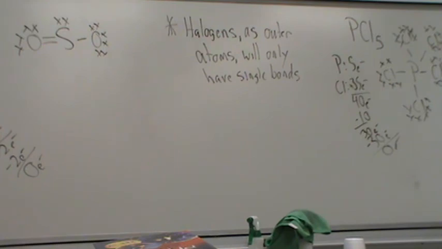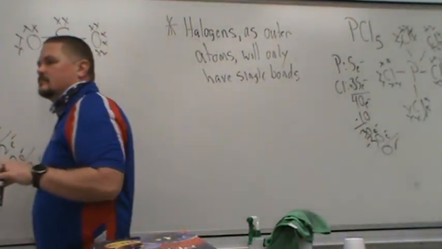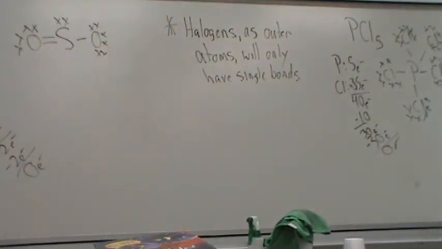Halogens are fluorine, chlorine, bromine, and iodine. When you see them as outer atoms, they only have single bonds. Now, if they could have double bonds, would you make one of them a double bond? If we needed a double bond, yes. Okay? Other questions right now? No?